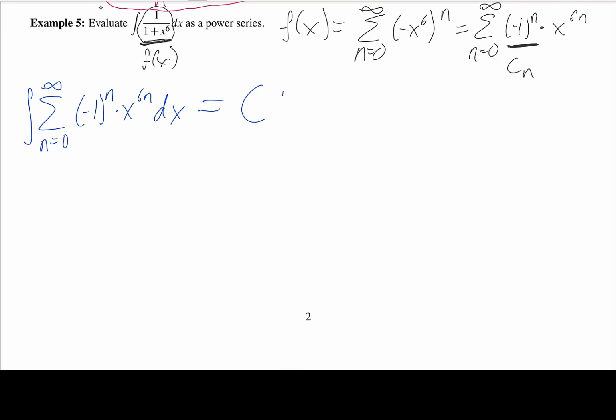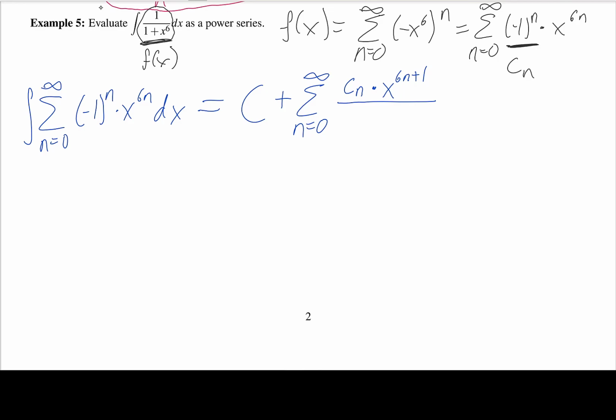So this would give us c plus the sum from n equals 0 to infinity. Now remember, our formula for this is that we should have c sub n times, we should add 1 to our exponent of x, so this should become x to the 6n plus 1, and then divide by that new exponent.